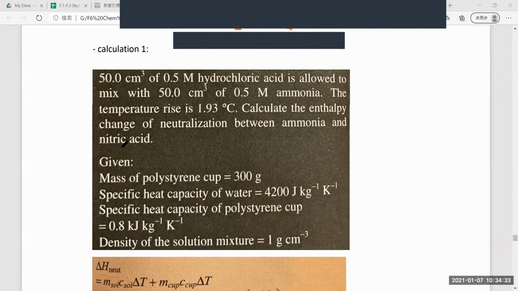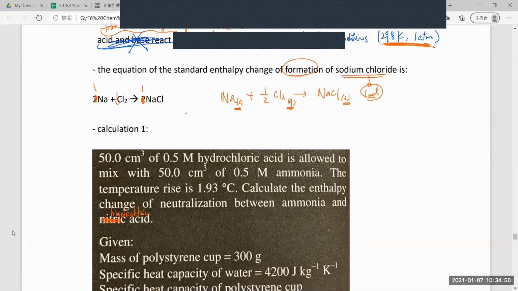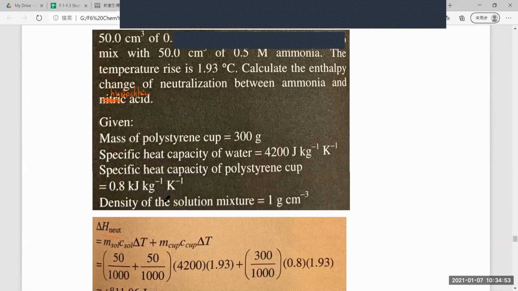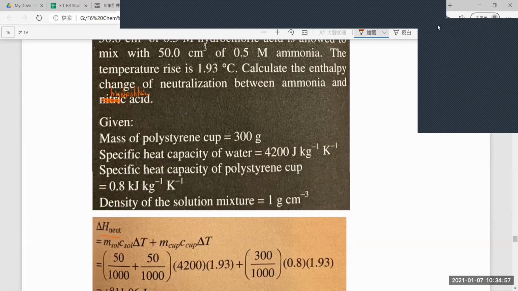Somebody will say that it's nitric acid, hydrochloric acid. You may stick back to hydrochloric acid here, or if you stick to nitric acid, keep it as this, nitric acid is on top. But the calculations part, we focus on the calculations part. I do think it's a typo here.